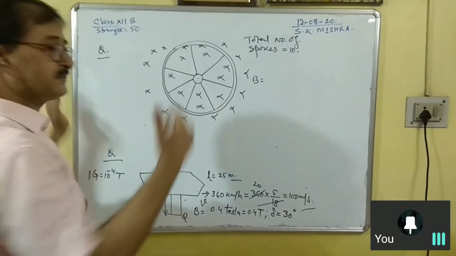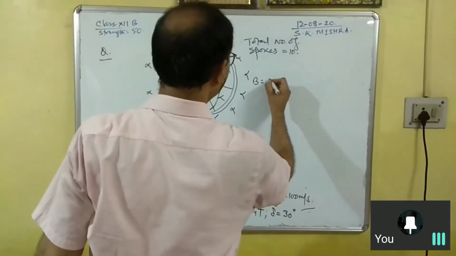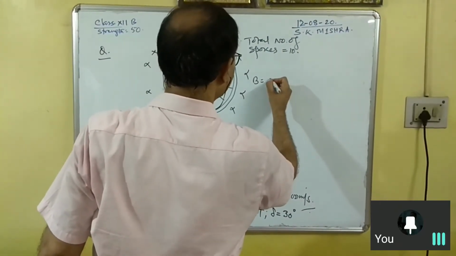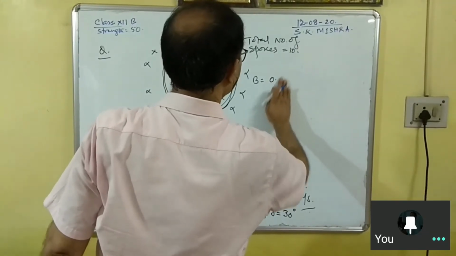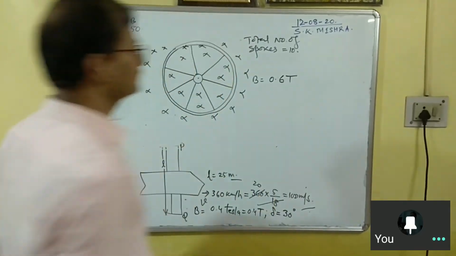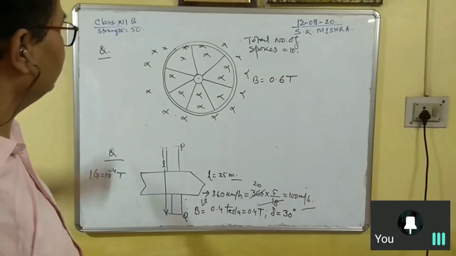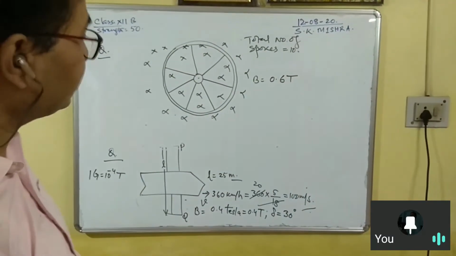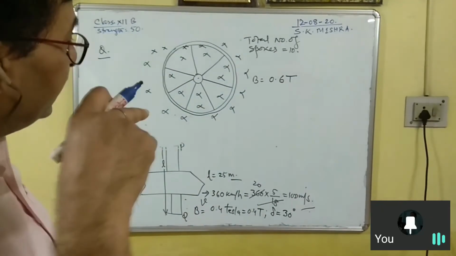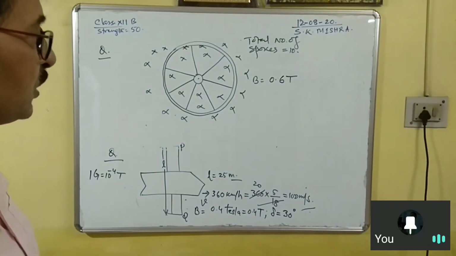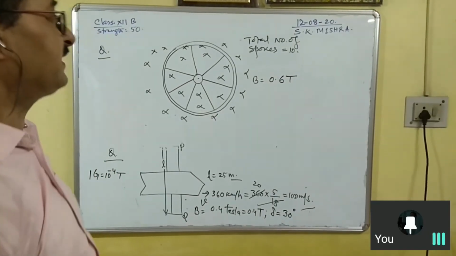This magnetic field is acting vertically downward, and this B we can take anything, so 0.2 or 0.6 Tesla. Okay, this is the value of the magnetic field, uniform magnetic field acting perpendicular to the plane of the ring, pointing inwards, cross, cross, cross. You know the meaning of cross and the meaning of dot. Now B is 0.6 Tesla.